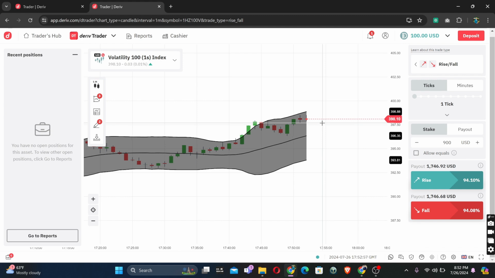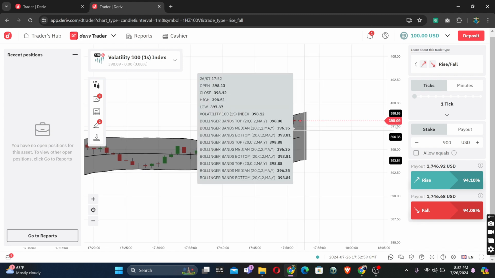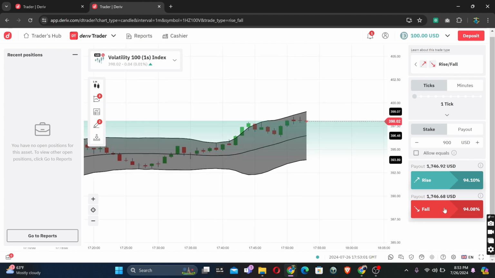This market is going to be falling. So if you are selling, you're going to be clicking for it. But you can see this market is based on 50%. It is given 50-50, that's why whether you put rise or fall, you're going to win the same amount of money. So those are the kind of things you can use, indicators.